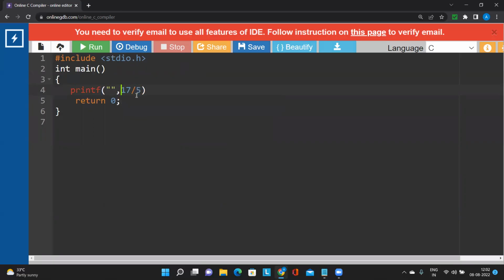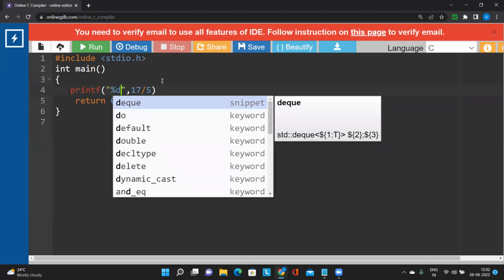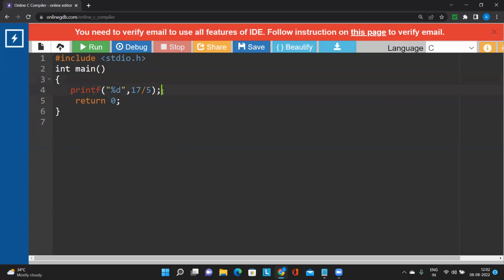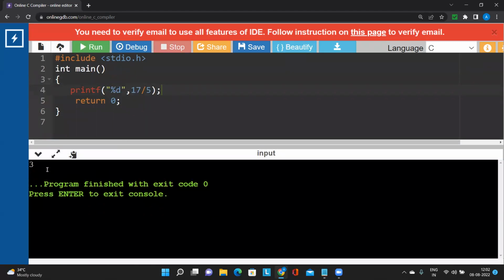So see here, as I told you, whenever we perform operations where both operands are integers, then the result also will be an integer value only. So never forget this. This is the first point. See, it is giving me only the result as 3.